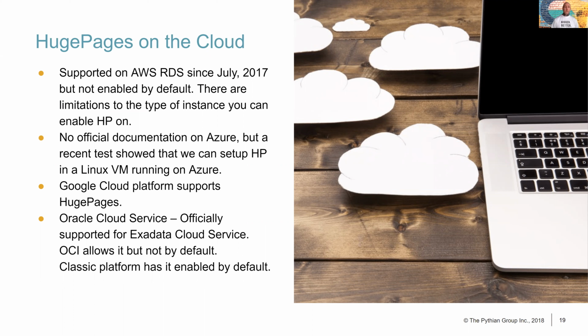Google Cloud supports HugePages, and the Oracle Cloud Service uses it by default for Exadata and such. I don't know the internals of ATP, Autonomous Transaction Processing, Autonomous Data Warehouse. They're probably using HugePages, but in a different setup. There's nothing we can do about it.